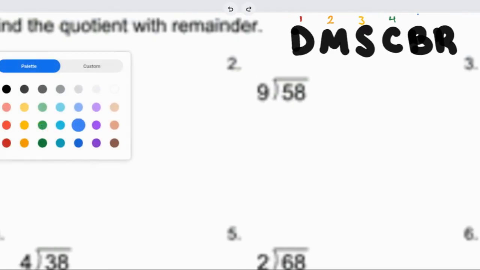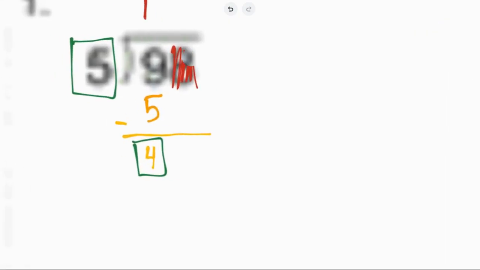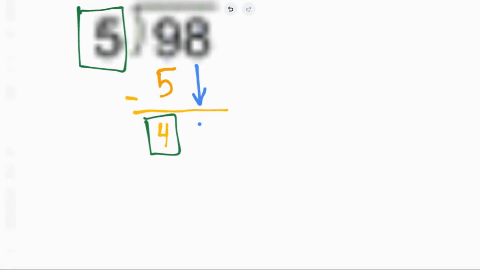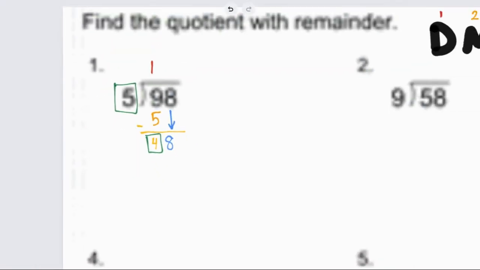The next step is step number 5, which is B for bring down. We're going to erase the cover up over the 8 because now we're going to be bringing down the 8. We're going to draw an arrow from the 8 down below, and then we're going to write it down there. So now the new number we have is 48.